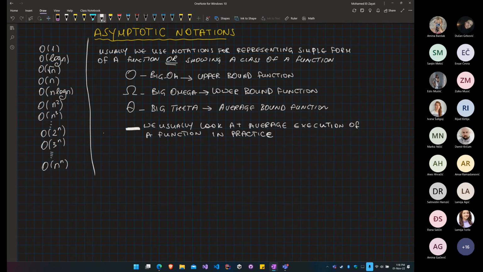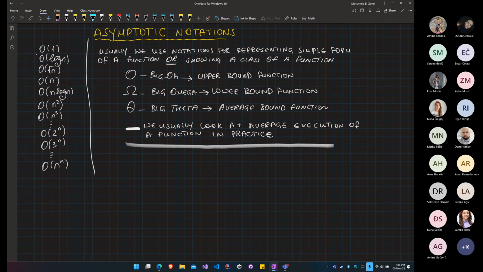Okay, so let's actually define what a big O is. So when somebody says this function has a complexity big O of whatever, right? Now, big O is a classification of a function. So it is not this O, okay?